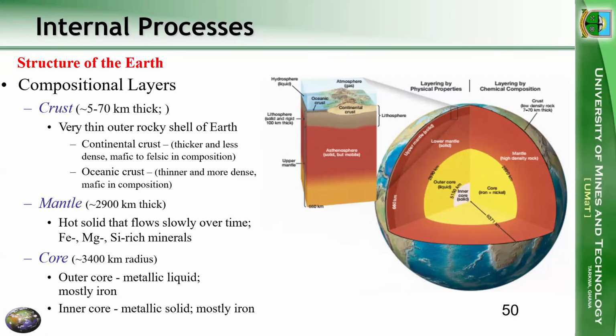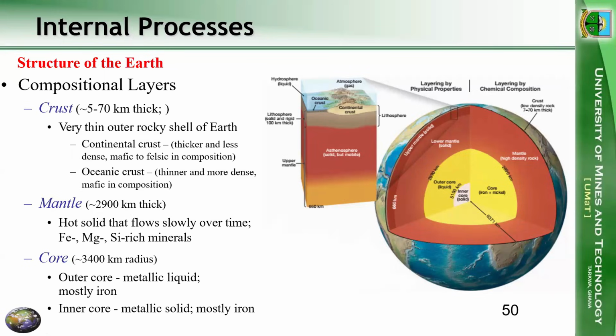The density is not as high as the oceanic crust, but it is very thick. And when we talk about the oceanic crust, it is thinner, but with a greater density compared to the continental crust.